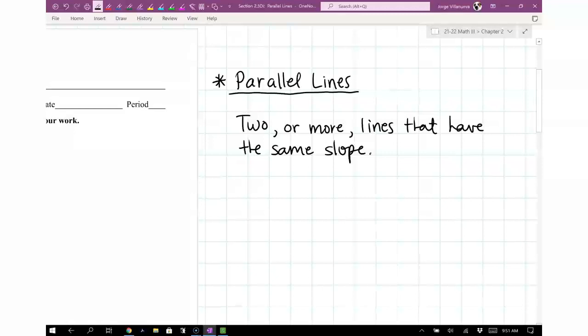The way they write it in math books is usually m sub 1 equals m sub 2, meaning the slope of one equation is equal to the slope of the other equation. They just have to have the same slope.